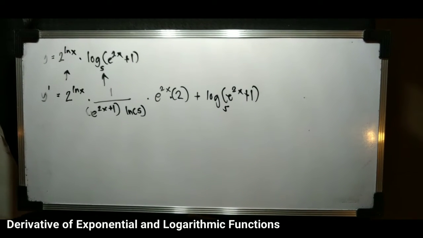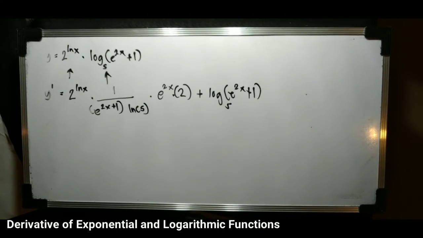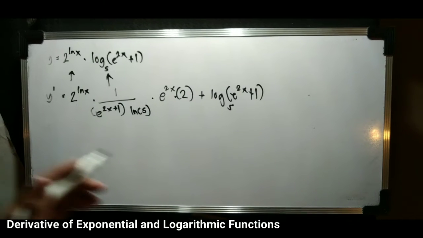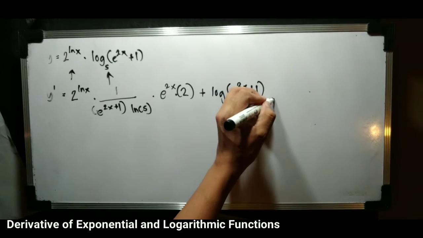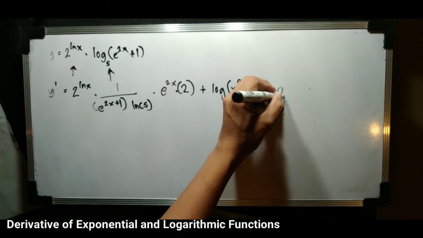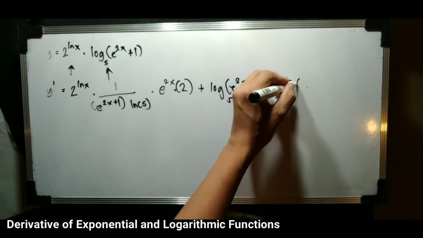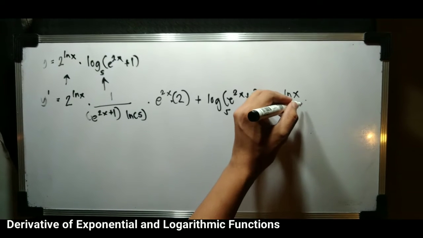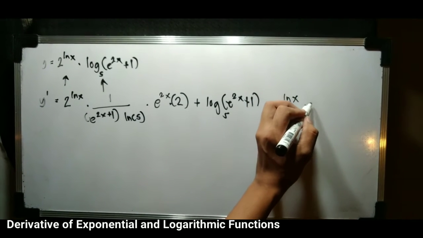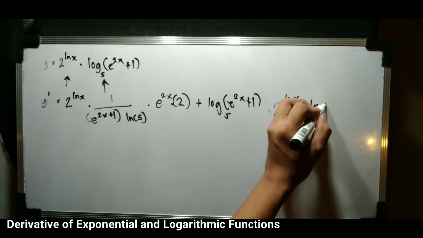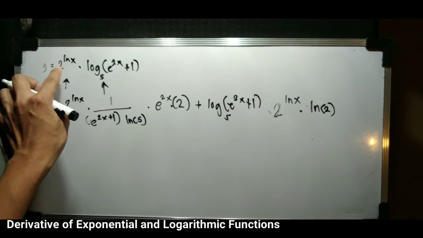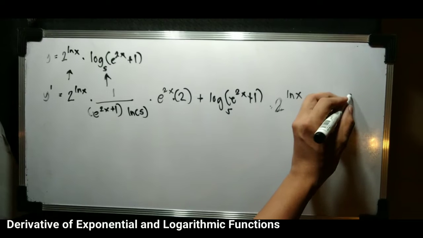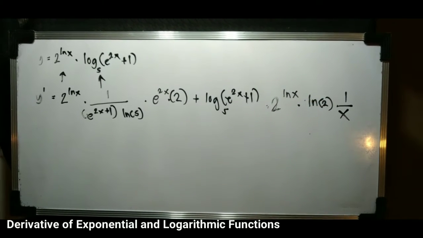Now, we will get the derivative of 2 raised to ln x, which is simply copy 2 raised to ln x times the ln of the base, which is 2. Then get the derivative of the exponent ln x, which is simply 1 over x.